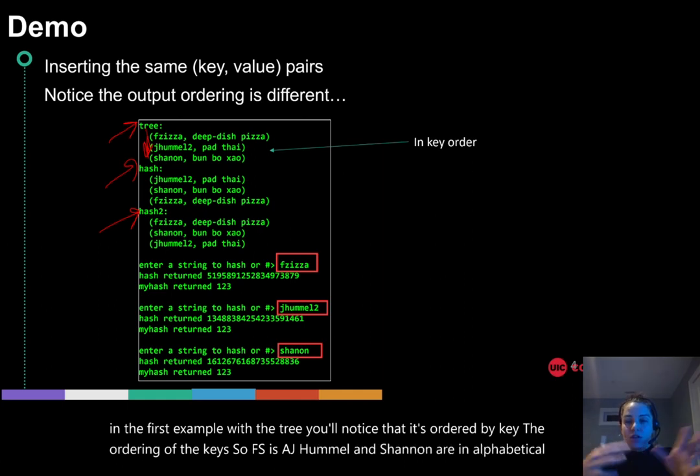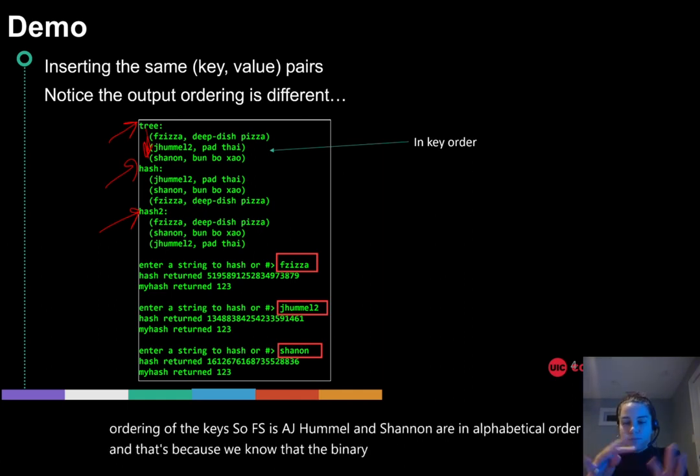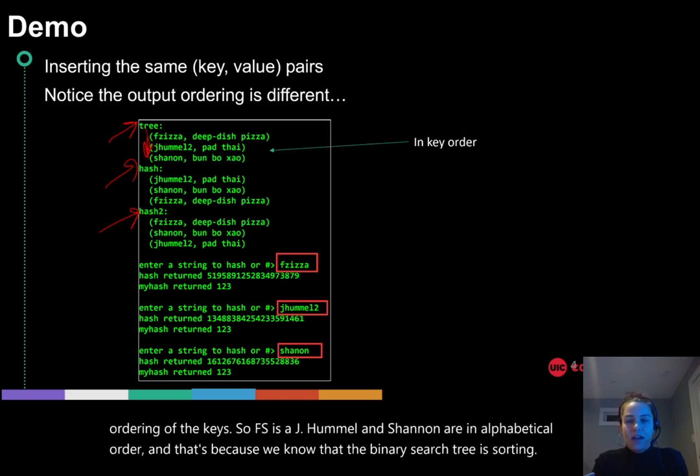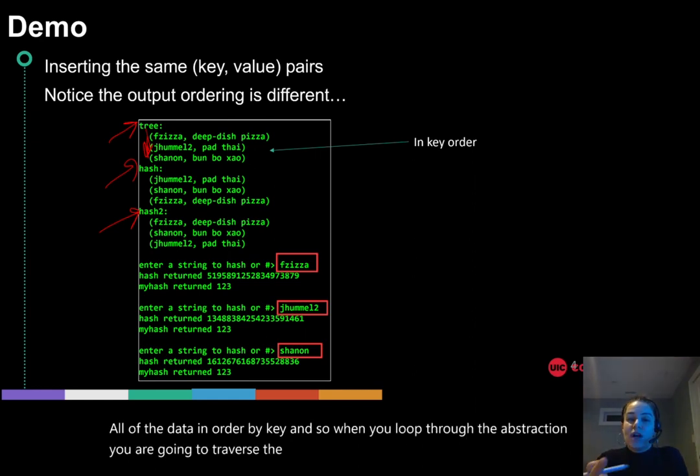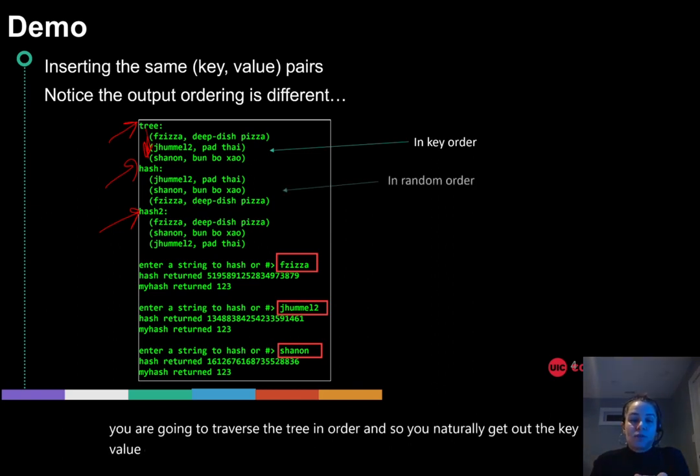And that's because we know that the binary search tree is sorting all of the data in order by key, and so when you loop through the abstraction, you traverse the tree in order, and so you naturally get out the key value pairs in this order.